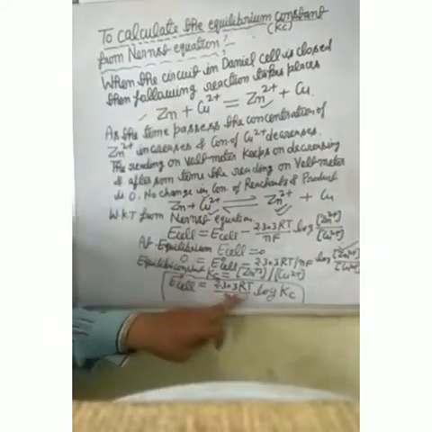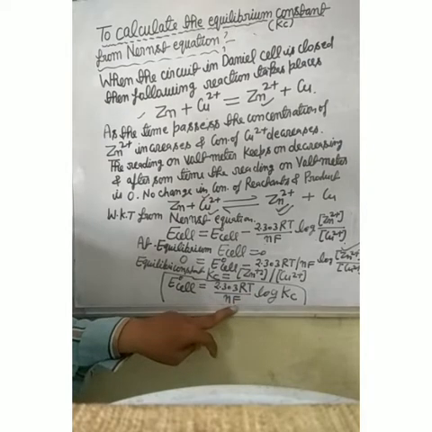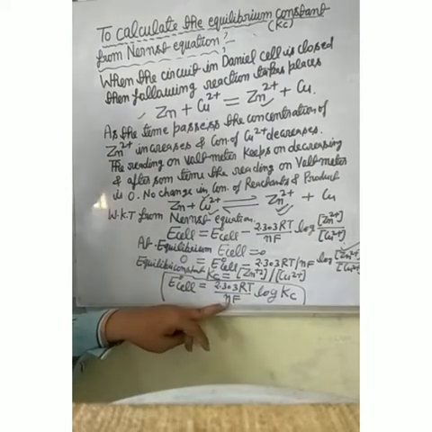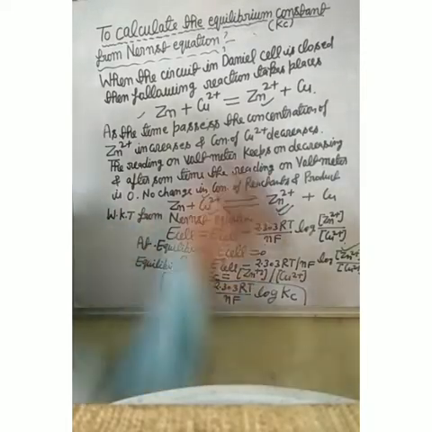This is the first form. But when we put the values of R, temperature T, Faraday constant F, and the number of electrons, we get another relation.